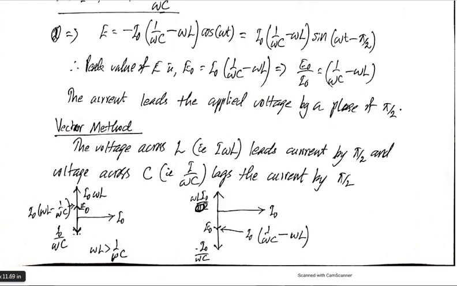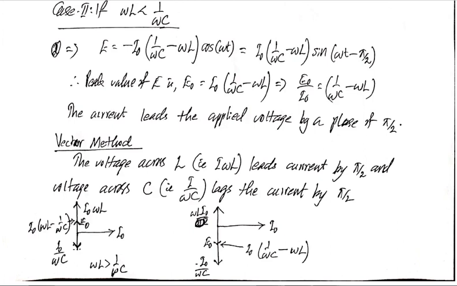So it becomes I0 into omega L minus 1 by omega C. That is case 1. In case 2, if I0 by omega C is greater, then we will get the effective value in the downward direction, and the value will be I0 into 1 by omega C minus omega L. So both the results can be obtained from the vector method also.